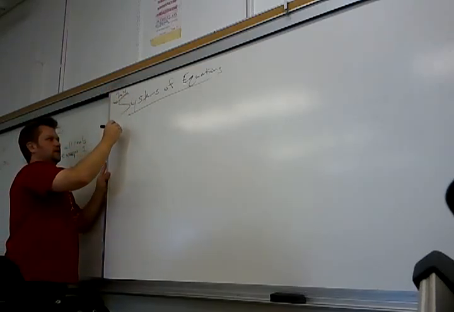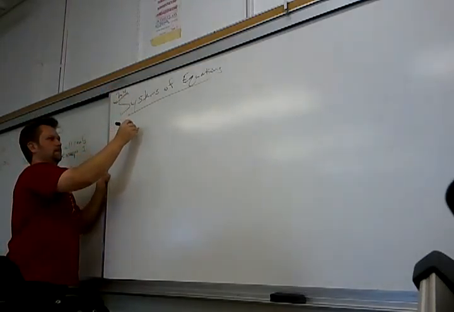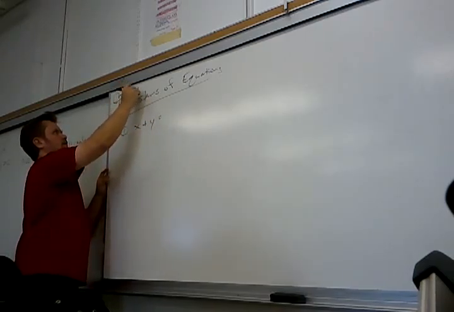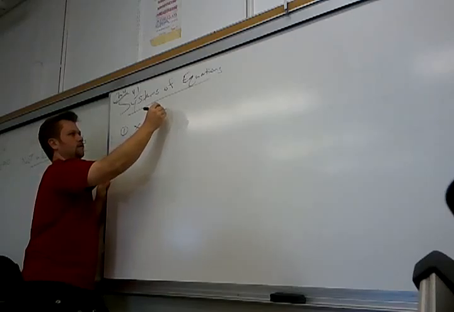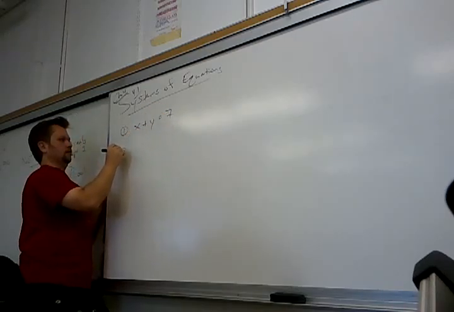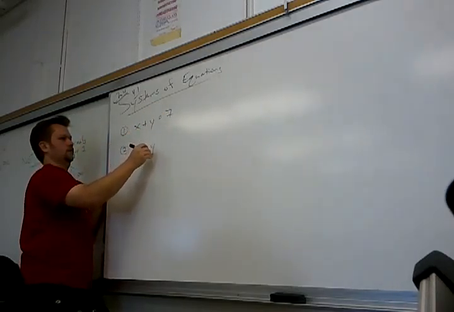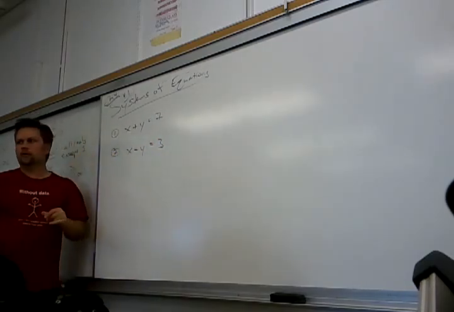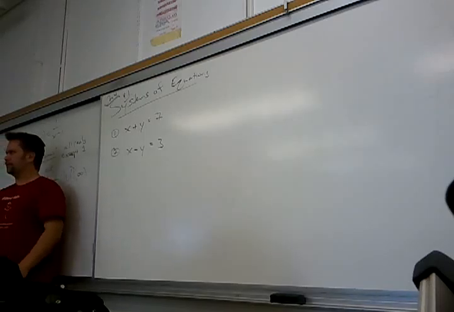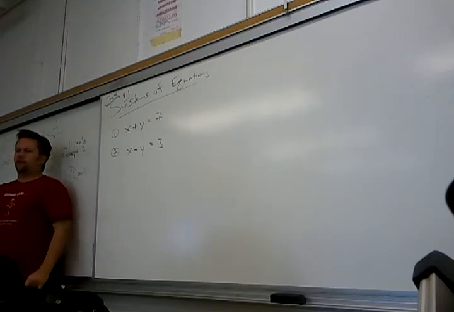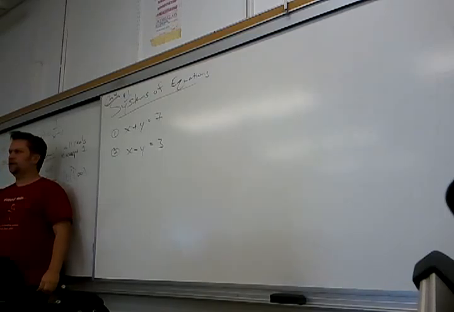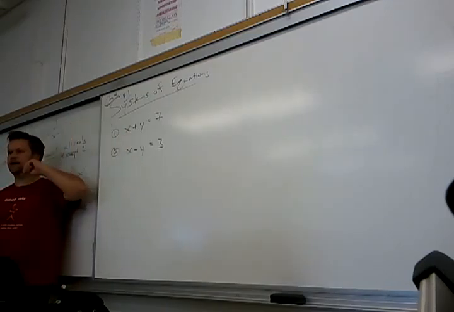So let me give us an example here. Systems. All right, this is a very easy example to start off with, but I really want you guys to understand the idea here. How many answers are there to number 1 by itself?